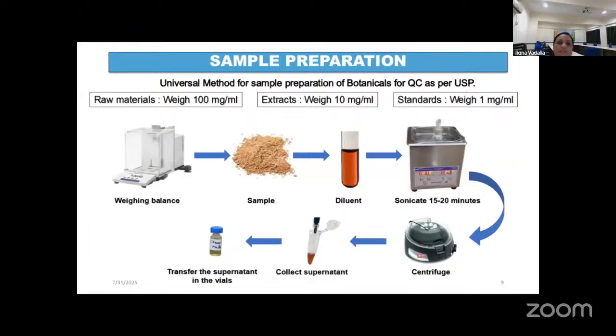But here every time we are using a fresh stationary phase. That's why there is no major sample preparation, just dissolve in any diluent, methanol or ethyl acetate. So just take a sample, dissolve in diluent, then sonicate it, centrifuge it, and take the supernatant or filter it. So this is a simple preparation with the HPTLC.